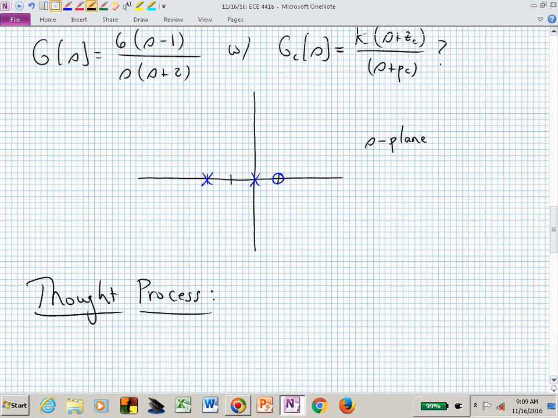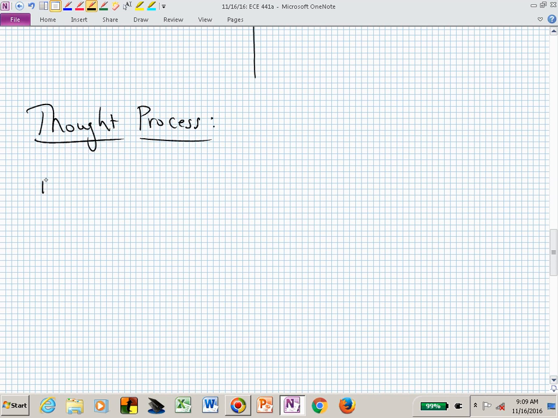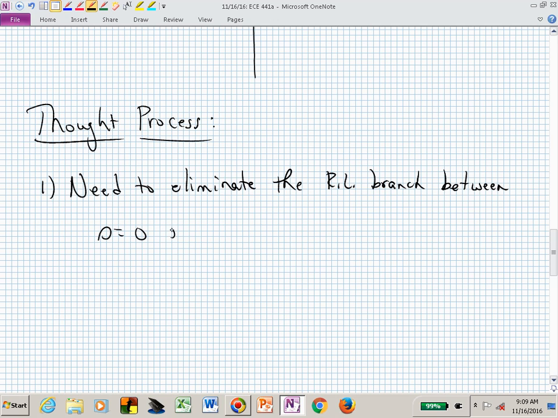And so the thought process is we need to eliminate the root locus branch between s equals 0 and s equals +1.